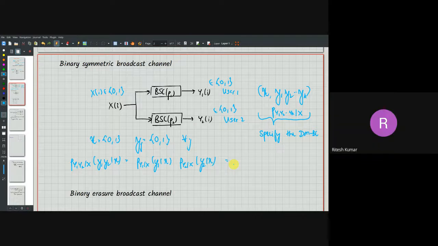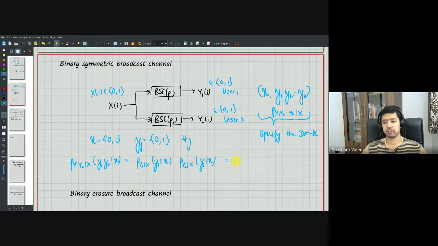So for the binary case, these would be P1 and P2. Yes. So can you give a closed form expression for this, or how would you describe it? So of course, one way to just say is that okay, for each y1 and y2, what are the possibilities?